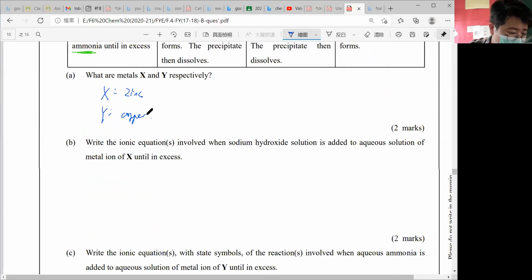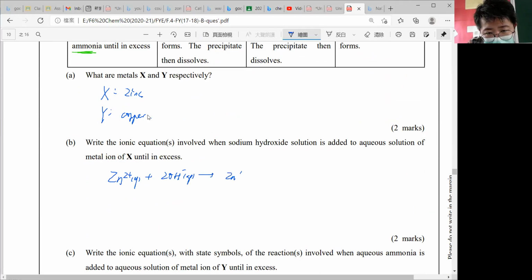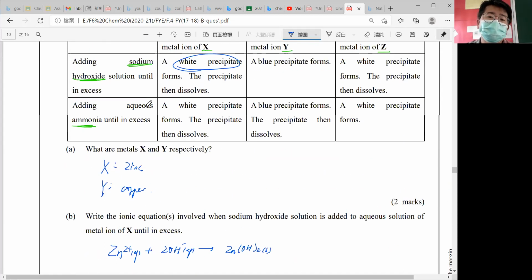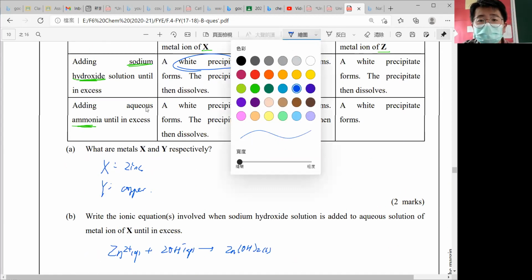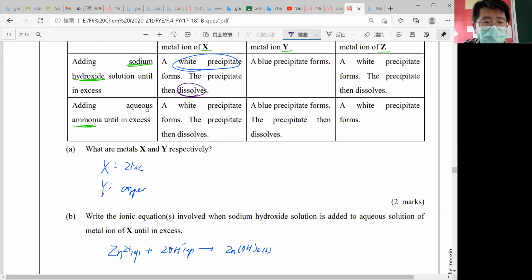So we've got Zn2+ plus 2 hydroxide to form Zn(OH)2 solid. Now, how about the second part? The precipitate then dissolves in excess alkaline.